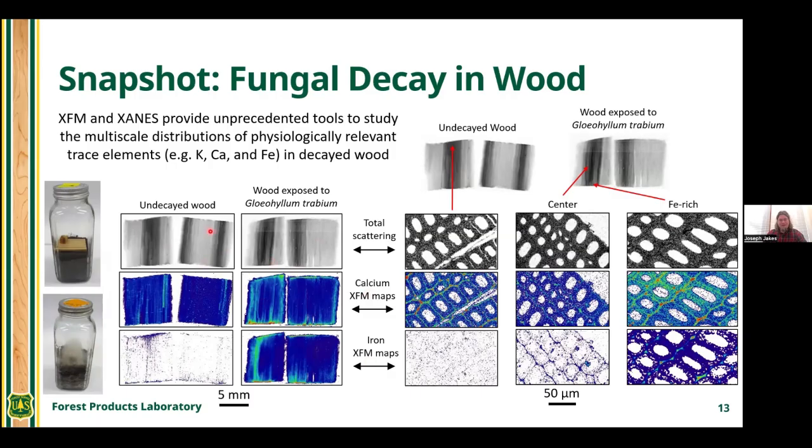You see that on undecayed wood, you have a relatively even distribution of calcium and basically no iron. But then after exposure to Postia, which is a brown rot fungus, you can see that the calcium is being controlled by the fungus, and also that iron is being translocated from the soil up to the wood block.